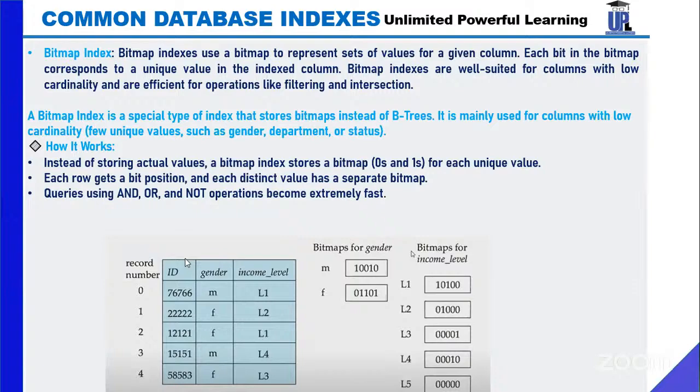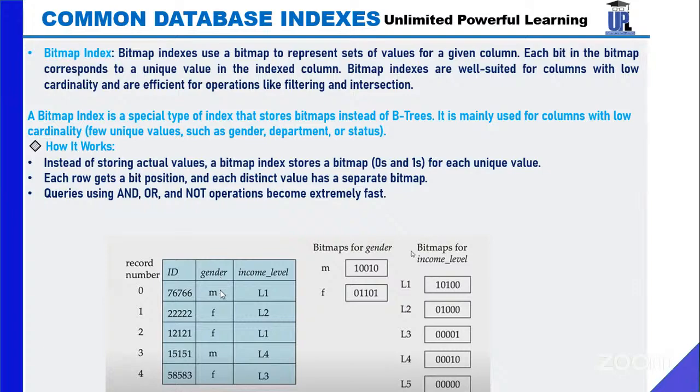Here, assume that this is a table you have created. In that, gender is there, and income level is also there. Now we decided that instead of a B tree in the clustered index, we plan to use the bitmap index. If you look at gender, bitmap means binary representation, bits.